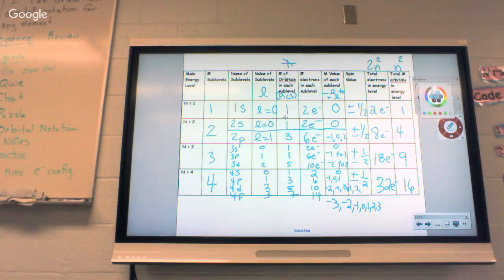So you can see S is always going to have a value of 0. It's always going to have one orbital. The spin value is always what? Plus or minus 1/2. Those things don't change.